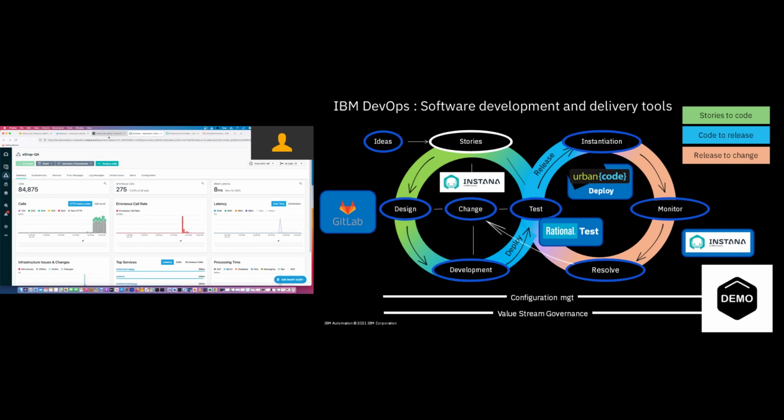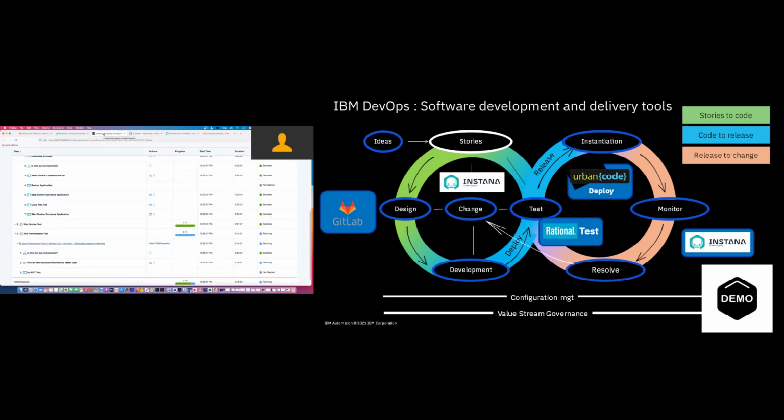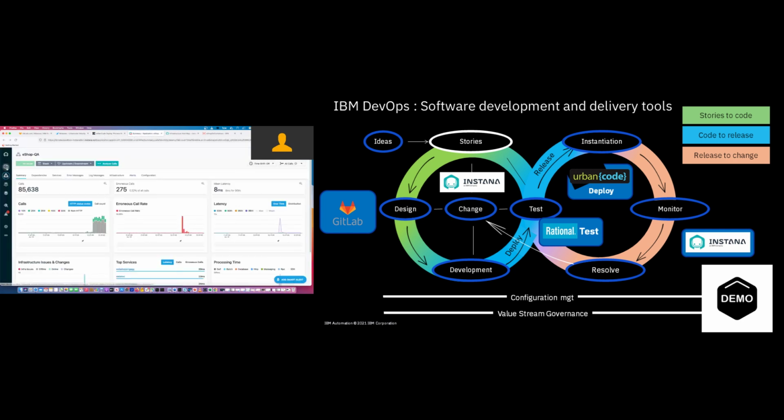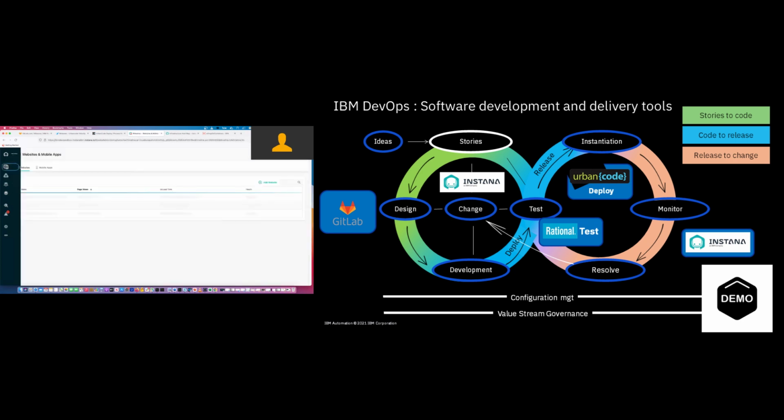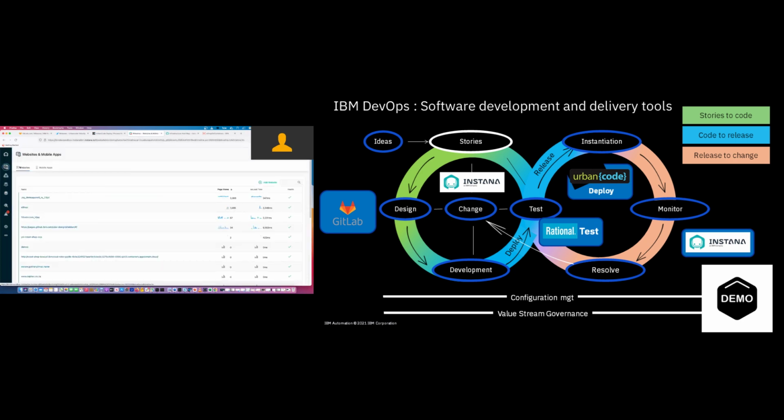Okay, so looks like our test is almost done. It's still running. I want to show you one last thing that's really great in Instana. And in the left-hand menu, as I click here, notice the websites and mobile apps menu item. This is what's also called the EUM portion of the application, end user monitoring.